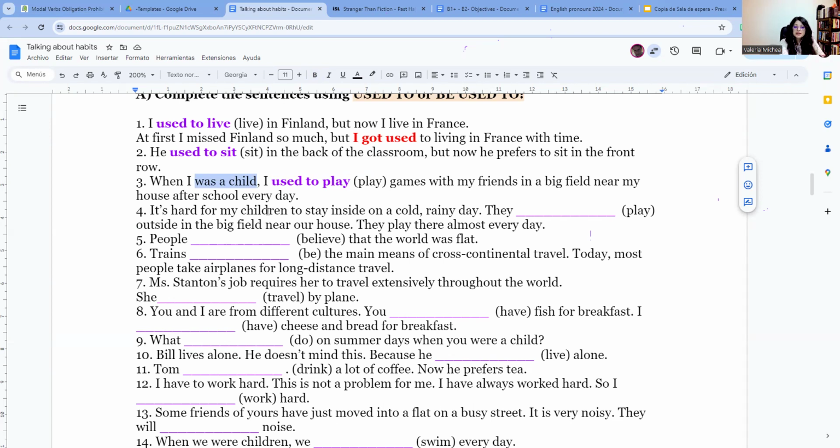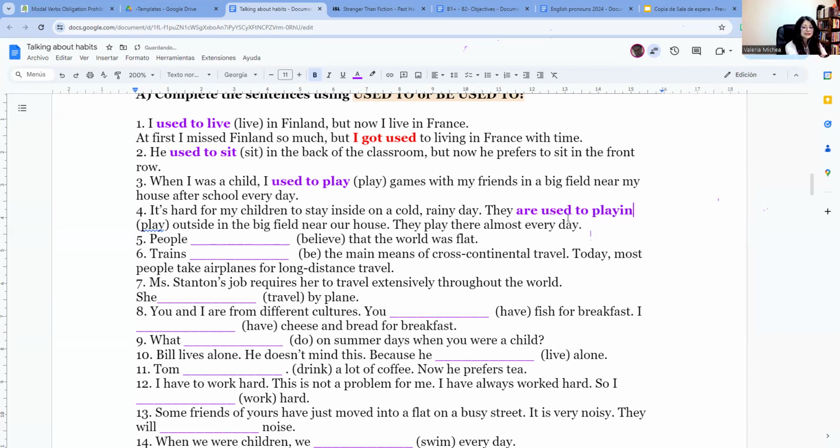Yep. Then we have, it's hard for my children to stay inside on a cold, rainy day. They, something, play outside in the big field near our house. They play there almost every day. So, what is it? They are used to playing. Mm-hmm. There we go.